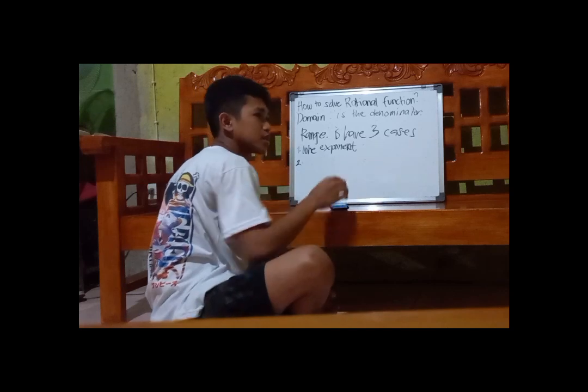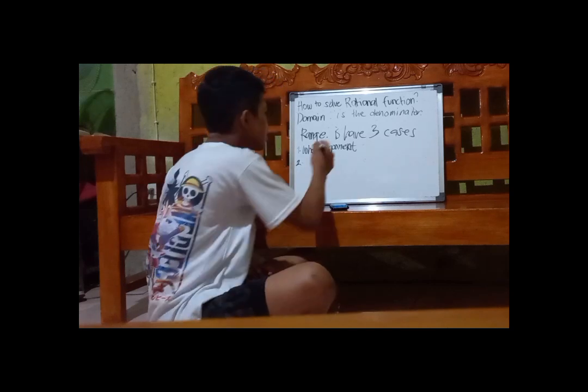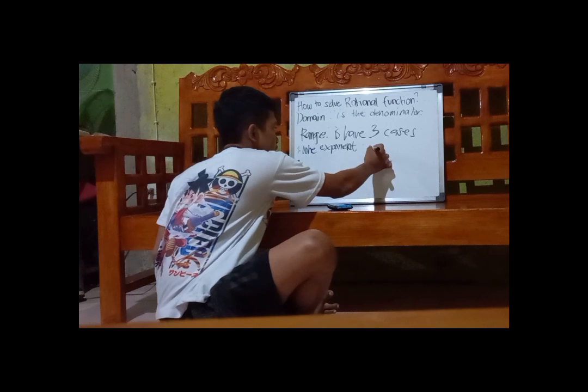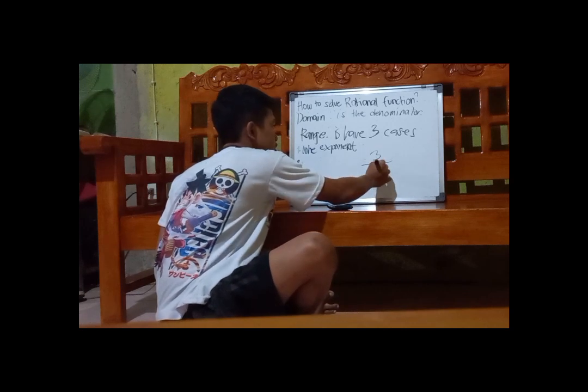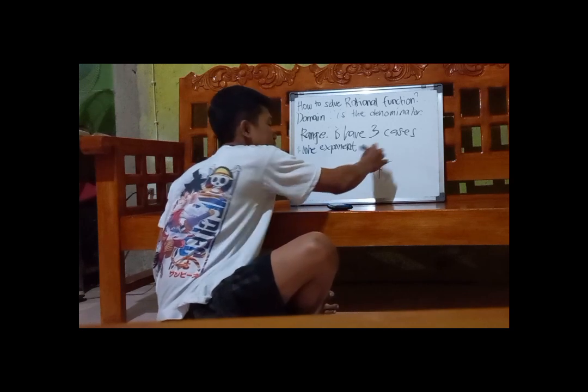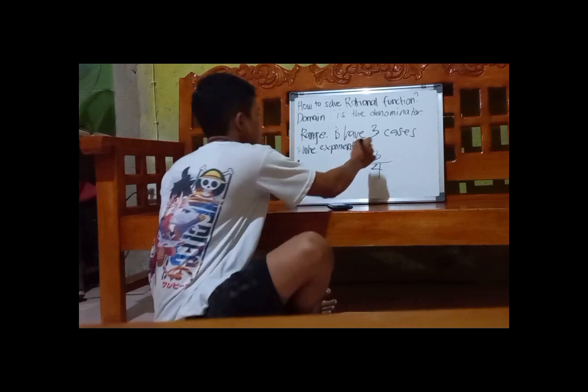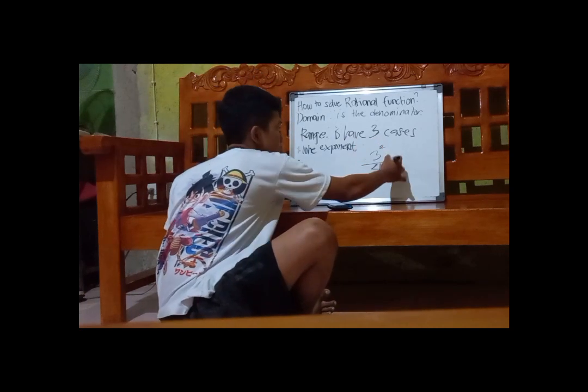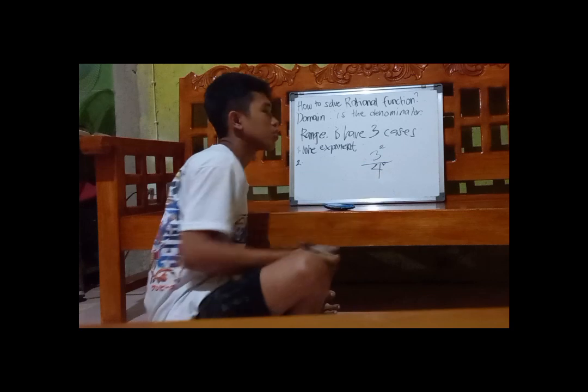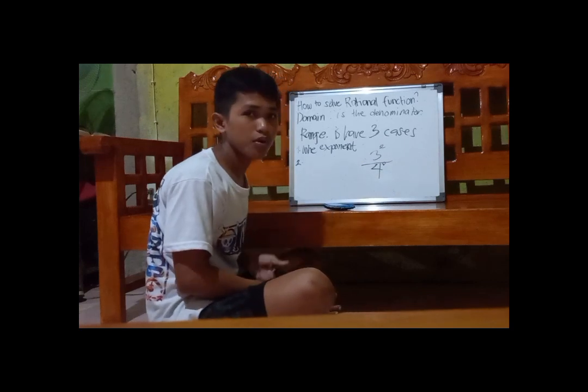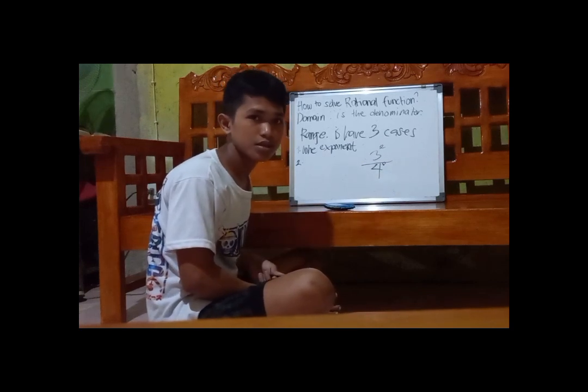And that is the second case. An example like this: 3 and 4, and the exponents are like this, 2 and 6. That is the example of the second case.